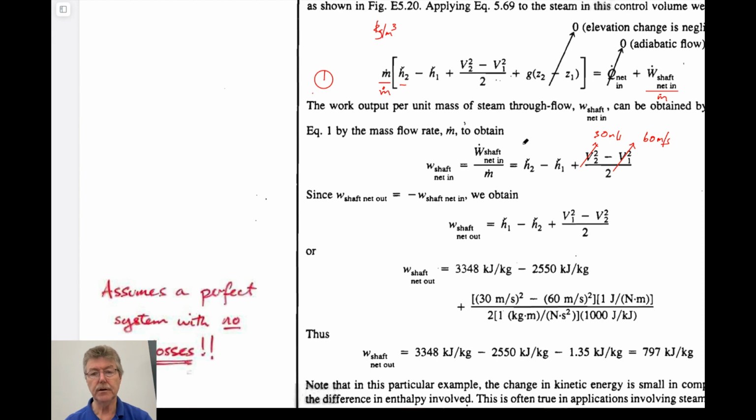So I guess this is 3308, 3348. I would tend to write that as 10 to the 3 because it was kilojoules per kilogram, and likewise write this as 2550 times 10 to the 3, and that would be in joules per kilogram.